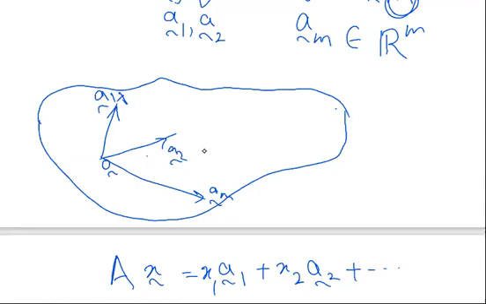Very easy if you understand the pure math. Look at this: this set is your spanning set. This is the column space.